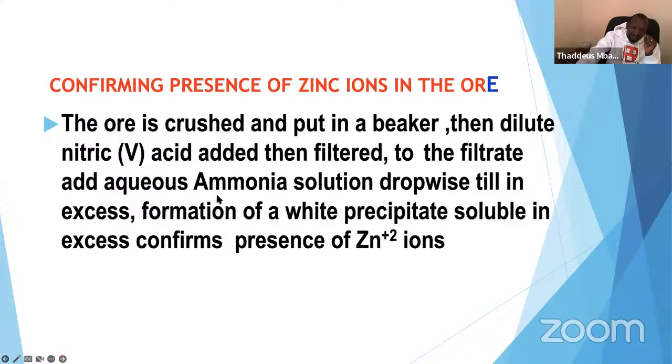We take the ore crushed and put in a beaker. Then you add dilute nitric acid, filter. The filtrate, now you add aqueous ammonia, drop by drop until in excess. Formation of a white precipitate, which is soluble in excess ammonia, confirms presence of zinc. There is no other cation that behaves like zinc. It's only zinc.